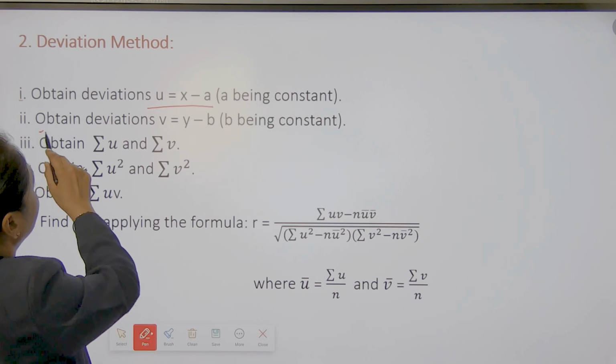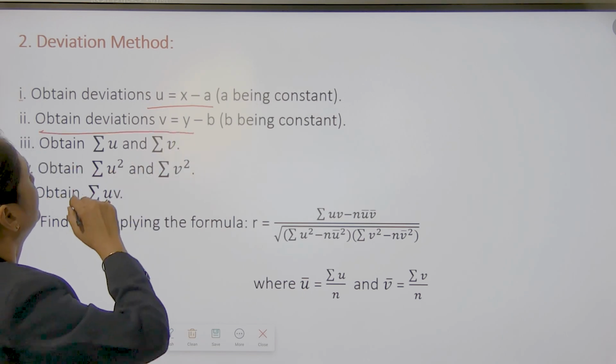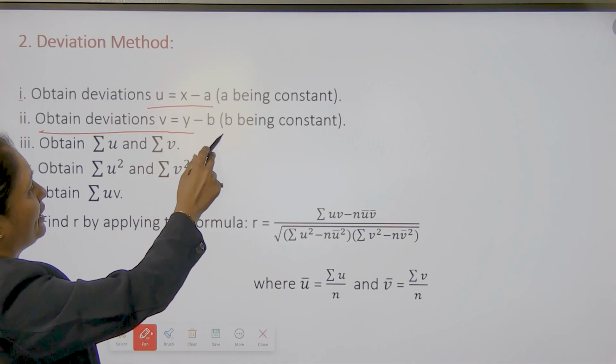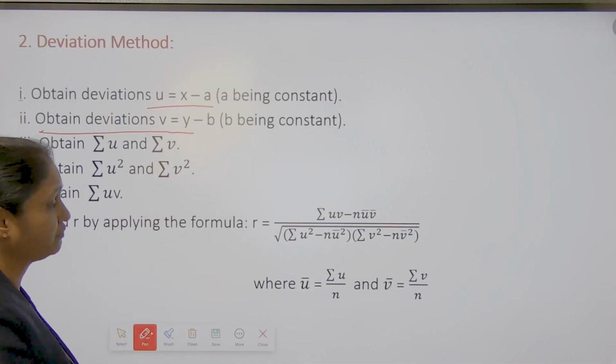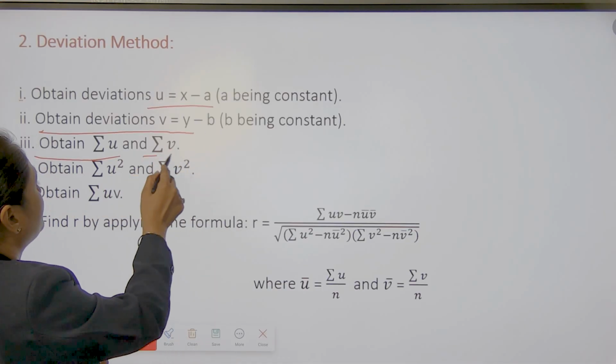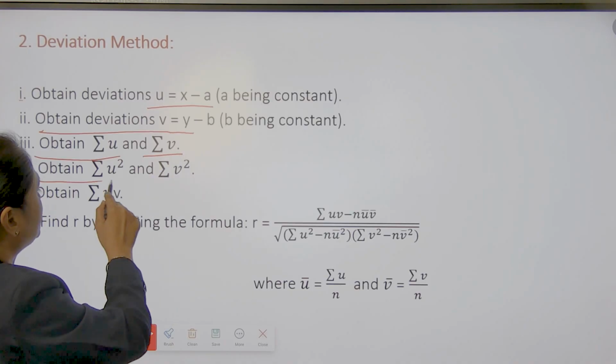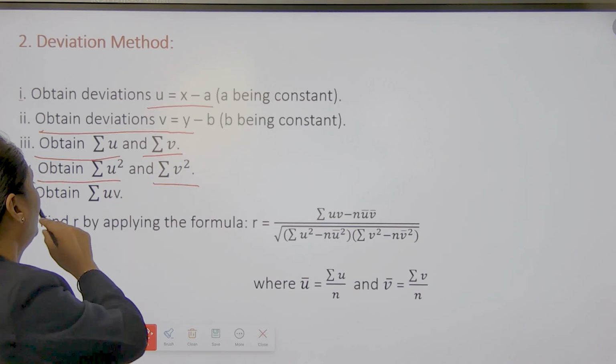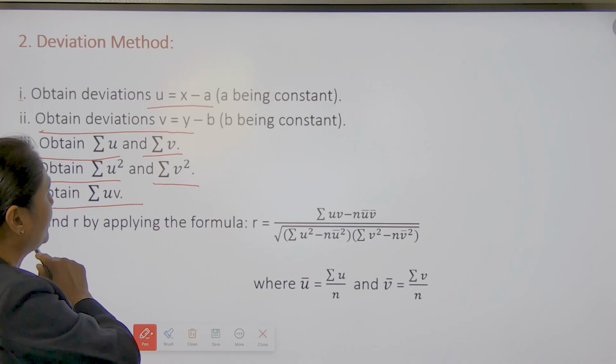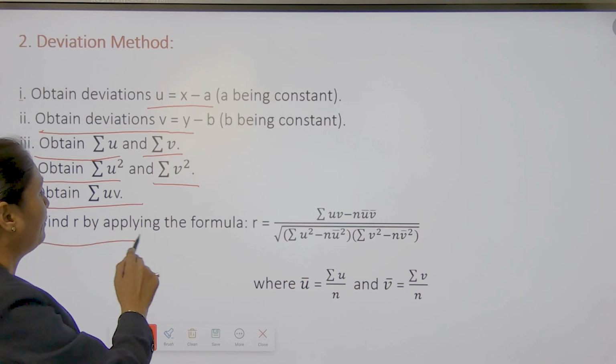Then calculate the deviation v is equal to y minus b. Again b is the constant. Obtain summation u and summation v. Obtain summation u square and summation v square. Obtain summation uv and then find r by applying the formula.